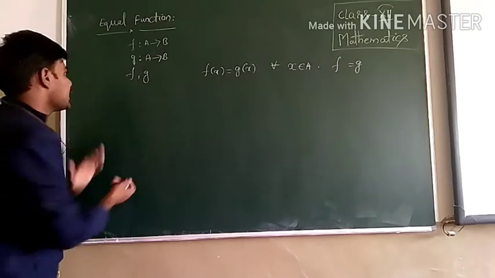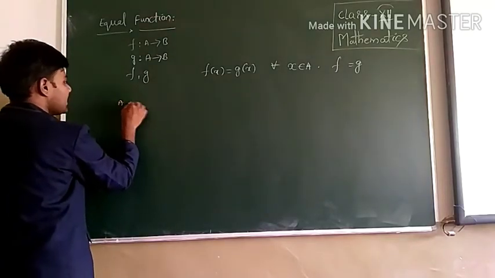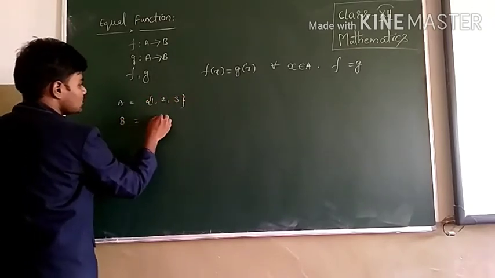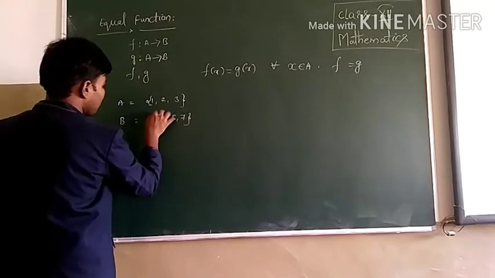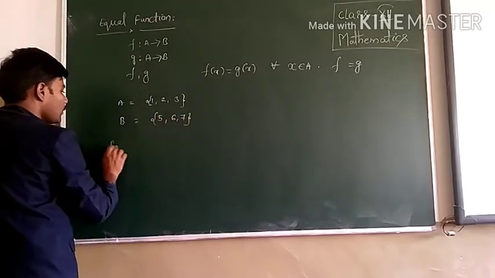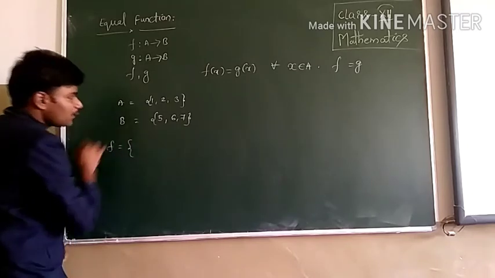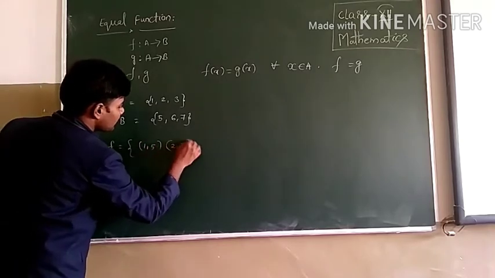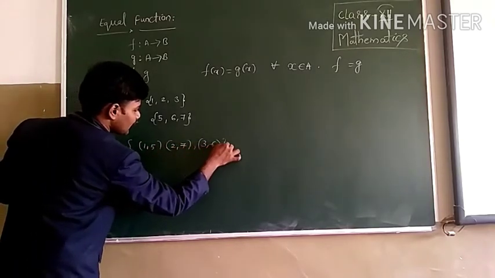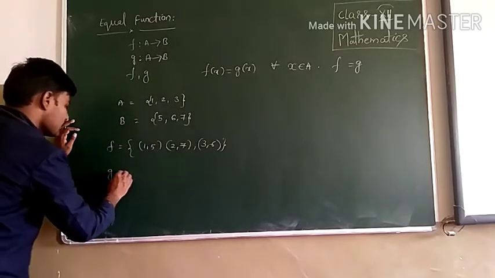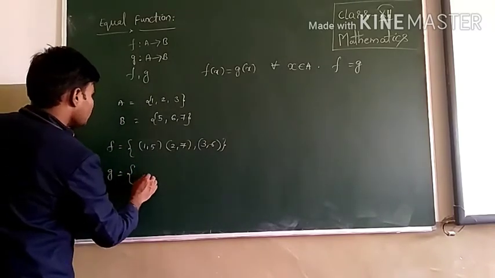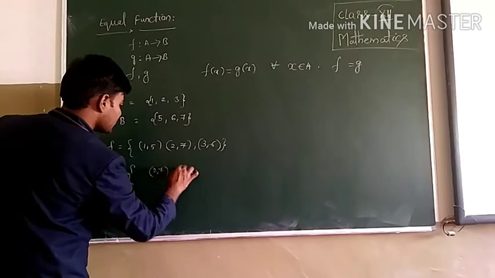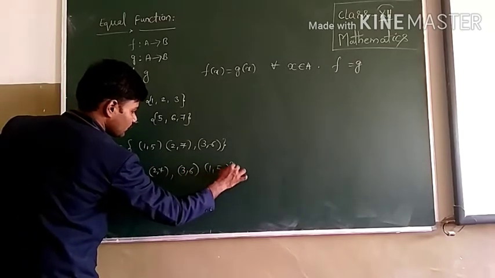With an example, we can understand. Suppose A is defined as 1, 2, 3. Next, set B is equal to 5, 6, 7. Now, function f from A to B is defined as 1 to 5, 2 to 7, 3 to 6, and g is defined as 2 to 7, 3 to 6 and 1 to 5.